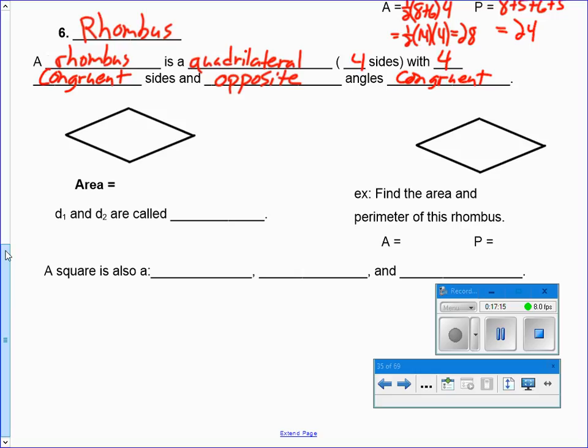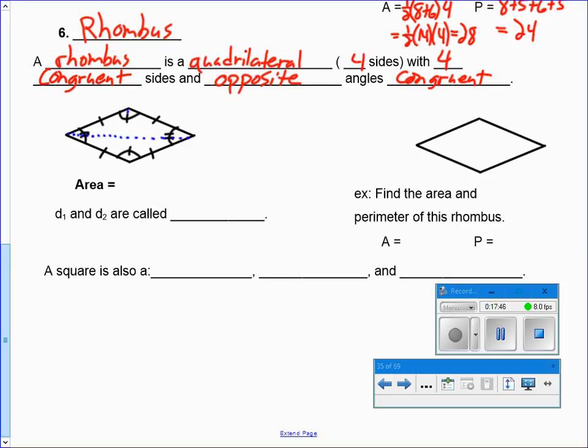So what that looks like on a diagram, what we know it's a rhombus is all 4 sides are congruent, marked the same. The opposite angles are congruent. This is another tricky area formula like the trapezoid was, because what we're going to actually use to find the area is not any of the side lengths, it's actually going to be what are called the diagonals.